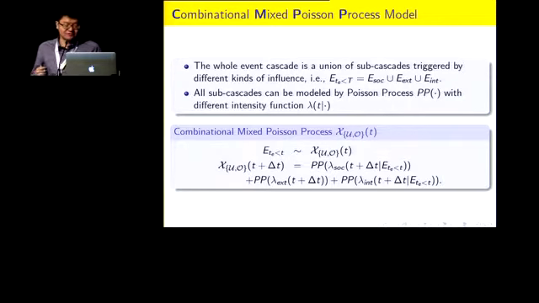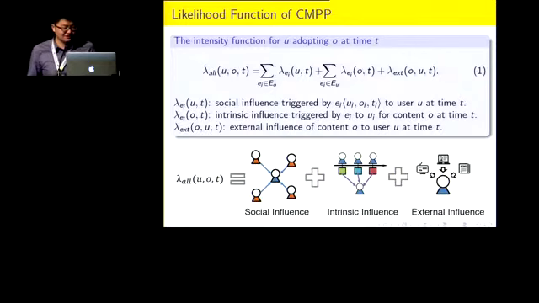This process contains 3 Poisson processes, and we combine them with shared parameters; the details are in the paper. Then, based on this model, we can write the intensity function for any user U adopting content O at time t. The definition is as follows.